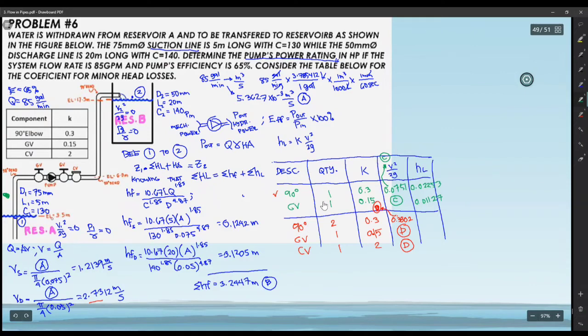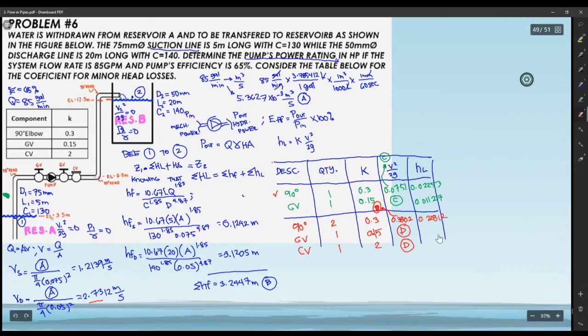So, next, para naman doon sa discharge. So, gagawin natin siya 2, kasi dalawa yung quantity niya, times 0.3. And then, times delta, o yung velocity head para sa discharge line. So, ang sagot is 0.22812. So, ginawa kong 5 decimal places para mas accurate siya. And the next is, meron tayong isang gate valve. So, 1 times 0.15.